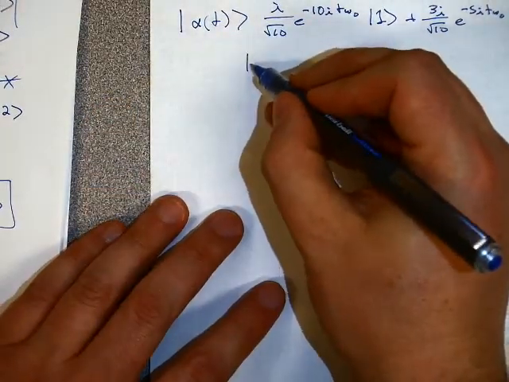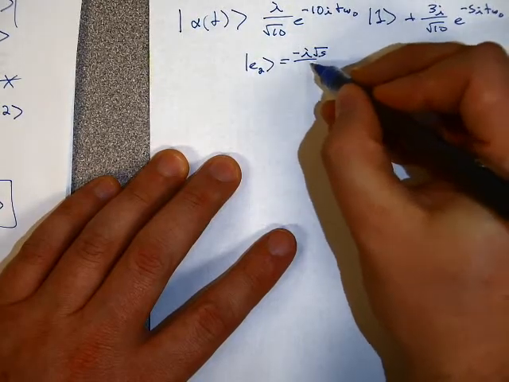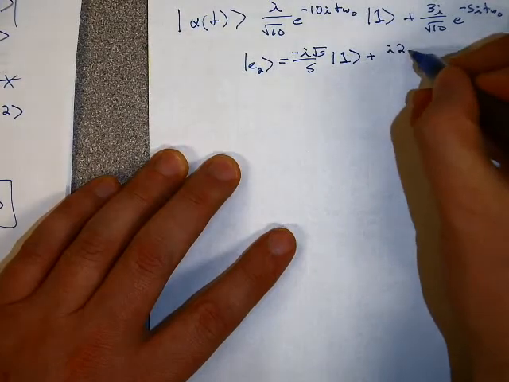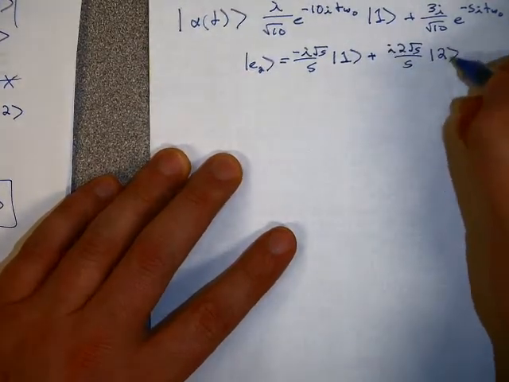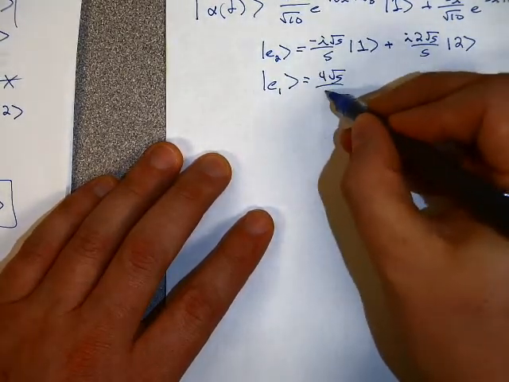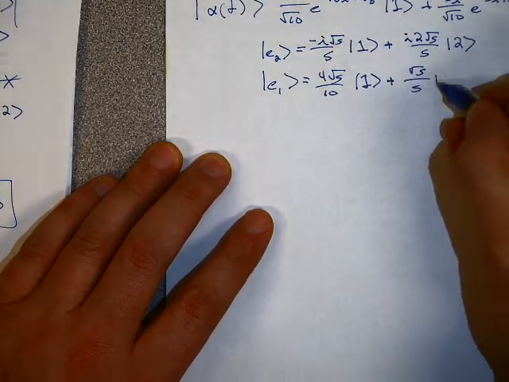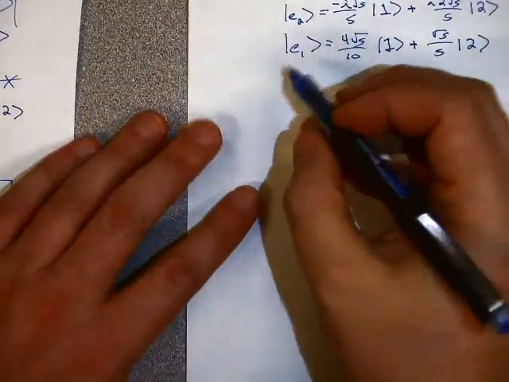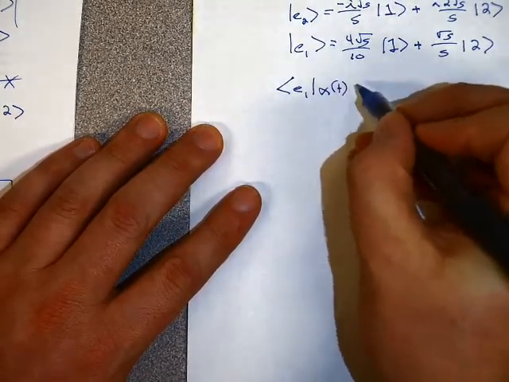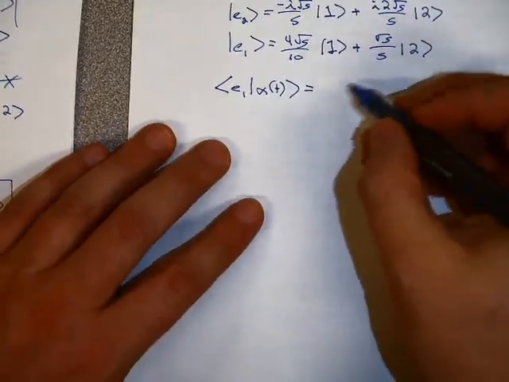And E2 is minus i times root 5 over 5, 1, plus i 2 root 5 over 5, 2, and E1 is 4 root 5 over 10, 1, plus root 5 over 5, 2. All right, and the two things I'm looking for are E1 alpha and E2 alpha. Let's get this one first.